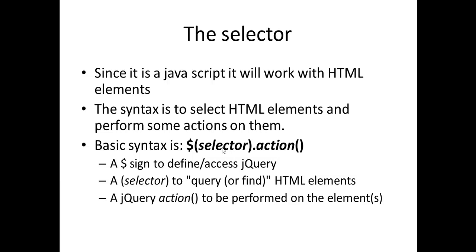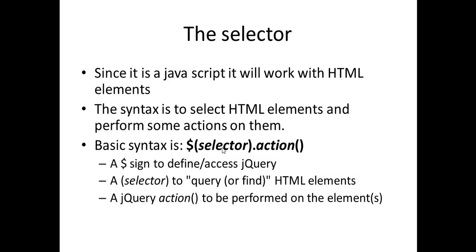It could be HTML elements, it could be class names, it could be IDs, it could be even a group of them, it could be even a combination of these two. So multiple elements also can be selected, and then following a dot, you will see the action, which is the event that you will perform on the objects in the HTML. So it could be click, double click, move, mouse over, all this stuff.